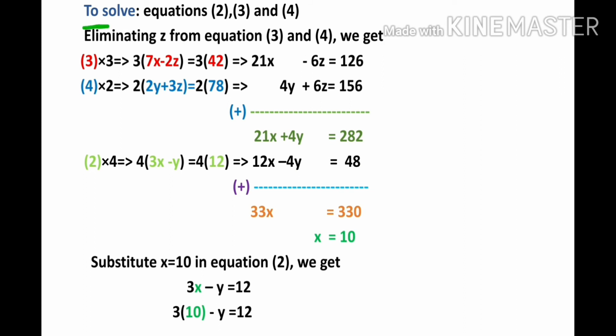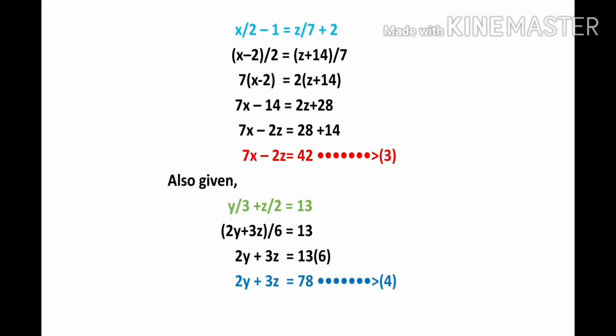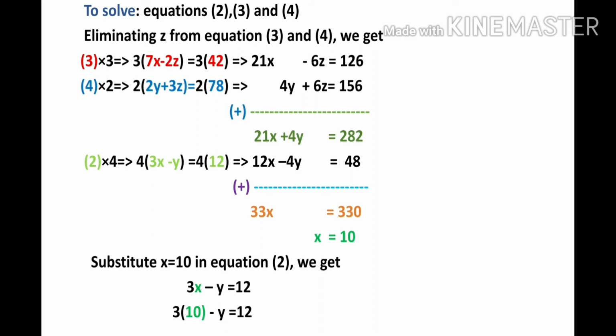Now we have to solve equations 2, 3 and 4. So we have to eliminate z from equations 3 and 4. To eliminate, what is necessary? Coefficients must be equal.